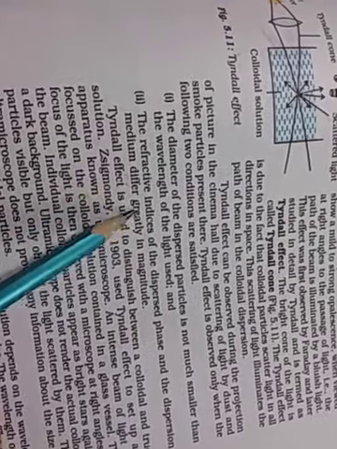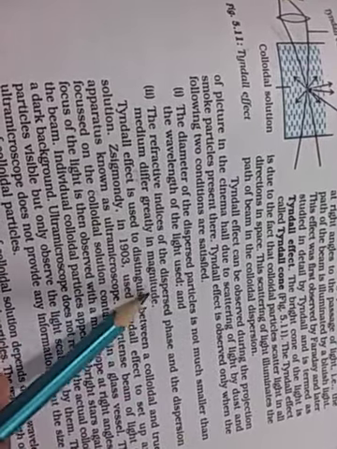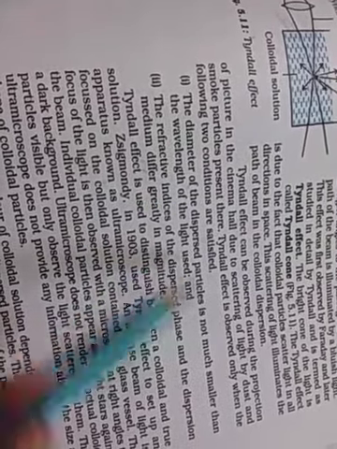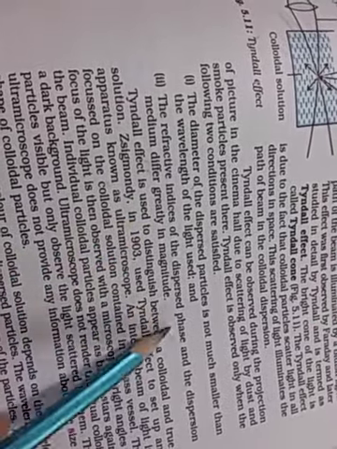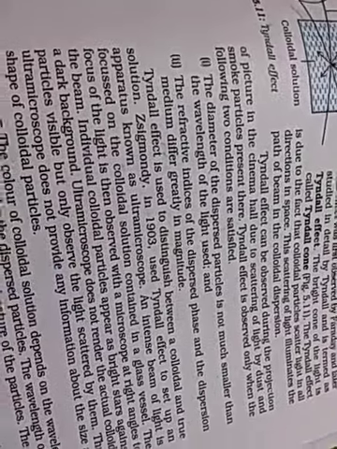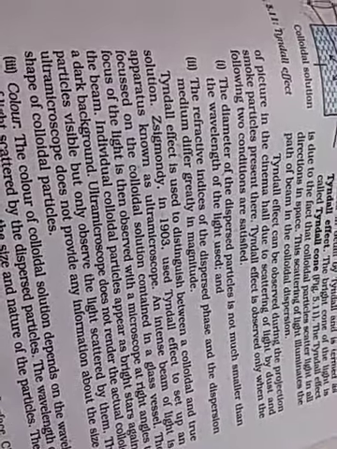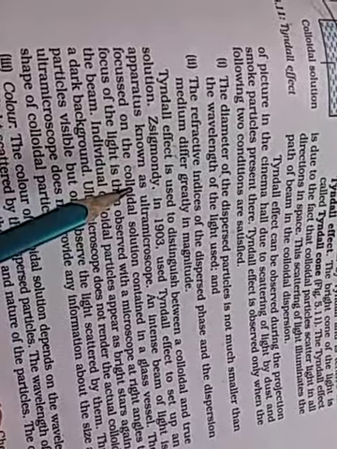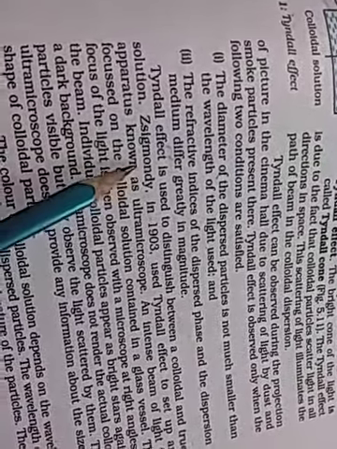Second, the refractive indices of the dispersed phase and the dispersion medium differ greatly in magnitude. Whenever these two conditions apply, the Tyndall effect is seen. It is used to differentiate between a colloidal and a true solution, because a colloid shows the Tyndall effect and a true solution does not. This is the main difference between them.